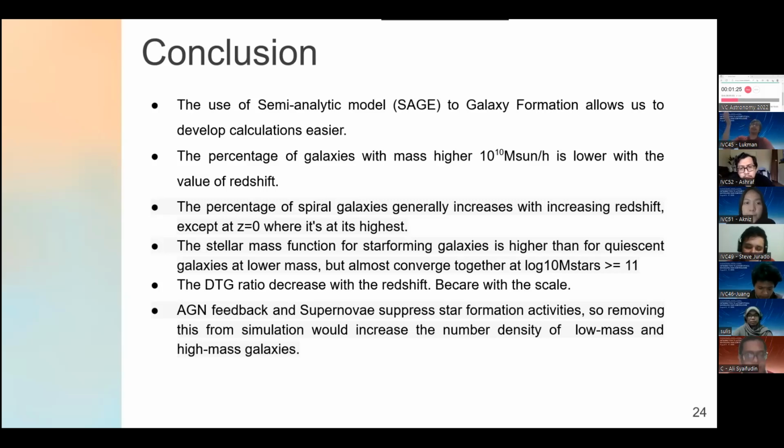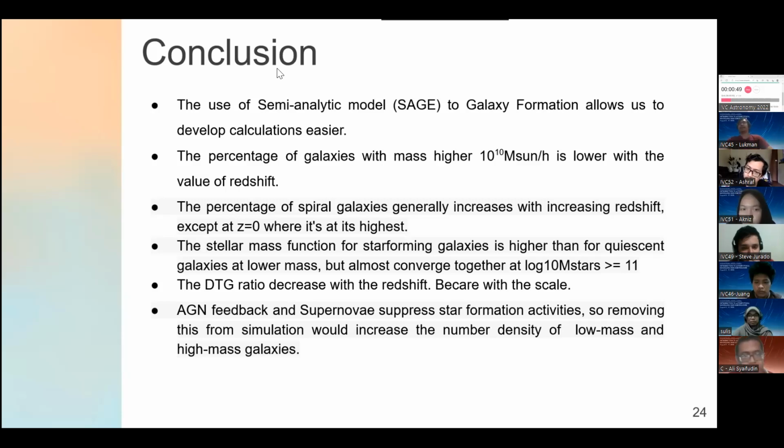As it comes towards redshift 0, as we go forward in time, there are fewer spiral galaxies as they have become elliptical galaxies. So in that sense, it agrees with what we know. Does that answer the question? I hope so. Okay, thank you for the answer.